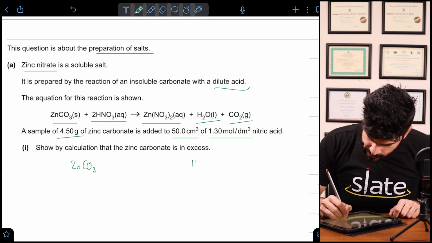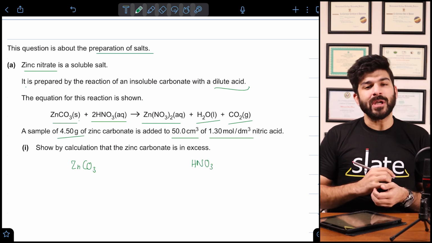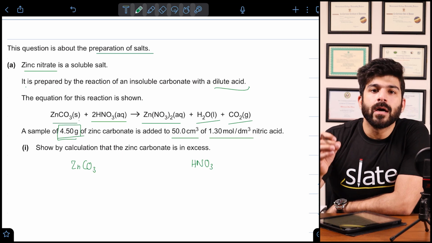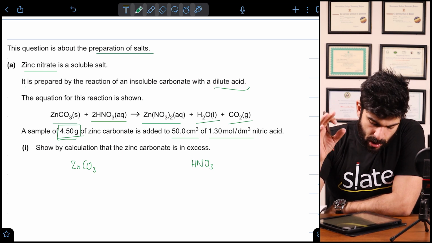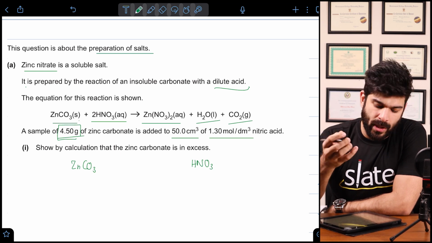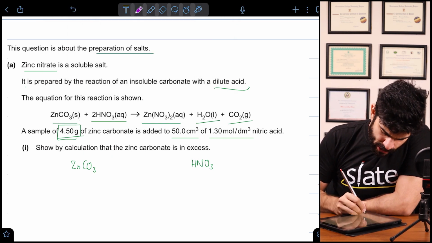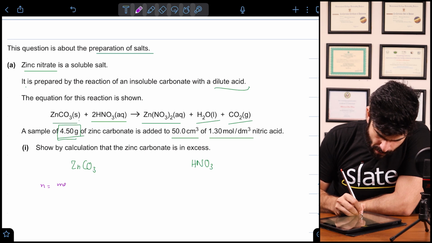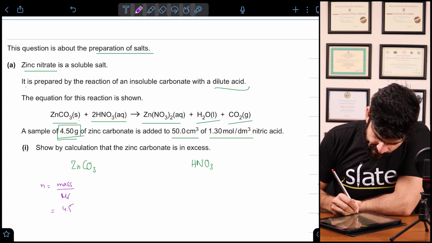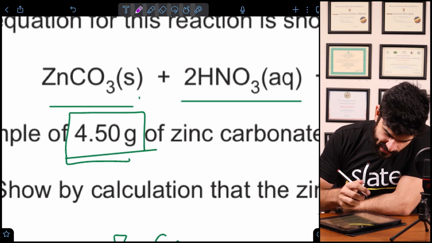and nitric acid. Now we have to calculate the moles of both of them. Since we have been given the atomic mass, the mass of zinc carbonate, we will use mass over MR formula for the moles calculation. So N equals to mass over MR. The mass is 4.5. Let's calculate the MR of zinc.